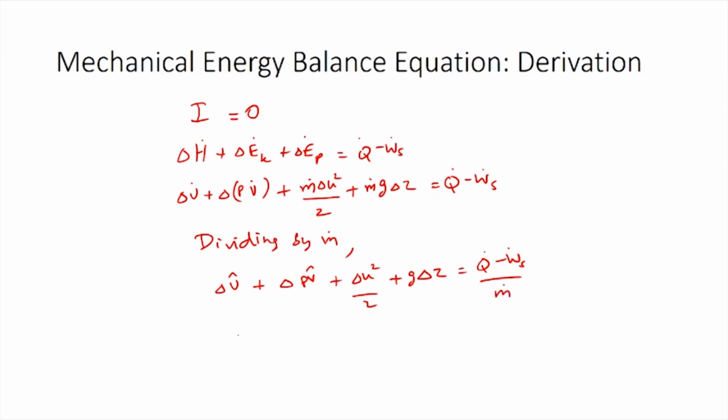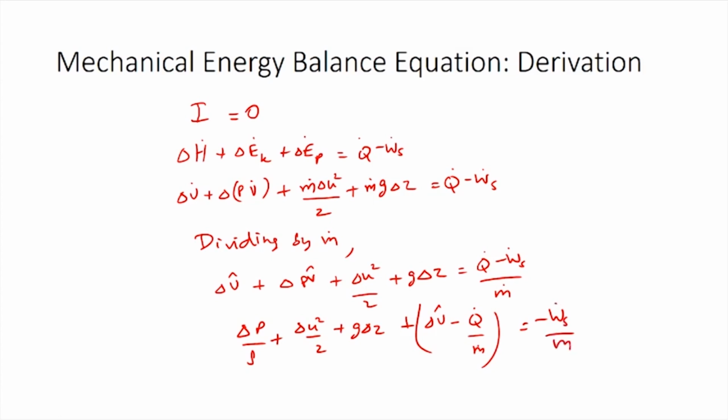Rearranging this equation, we can get delta P divided by rho plus delta u squared by 2 plus g delta z plus delta U cap minus Q dot divided by m dot would be equal to minus Ws dot divided by m dot.